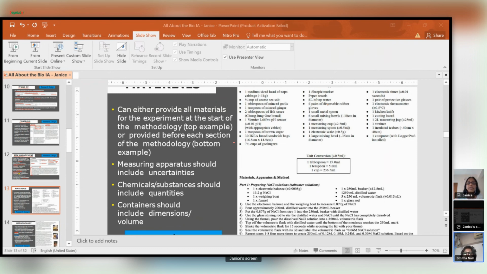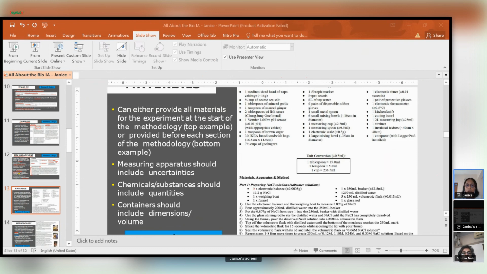All these chemicals are provided by the school. Yes, all this is present in the school. Now this is the materials and the apparatus. Now, how am I going to prepare the NaCl solution? This is the preparation part. I needed all these things, like kitchen knife, cutting board, everything.